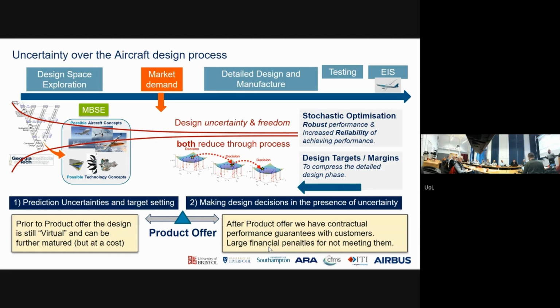As an example, if we miss our block fuel, our fuel consumption metric, our guarantee, if we miss that by 1%, we pay $2 million per aircraft for every aircraft that still fails that criteria. That is big money if we get that wrong.